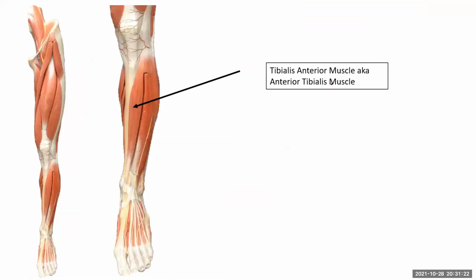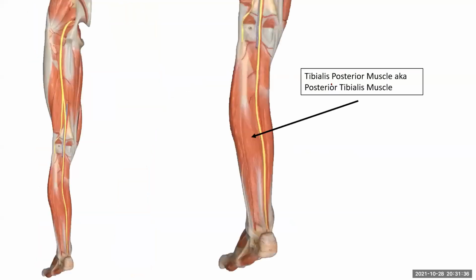All right, so here onto the anterior compartment. We've got our shin muscles. We have tibialis anterior or anterior tibialis. That is the most medial muscle on the anterior compartment of your leg. Flipping over to the posterior, deeper muscles. Okay, here's the tibialis posterior muscle or posterior tibialis.